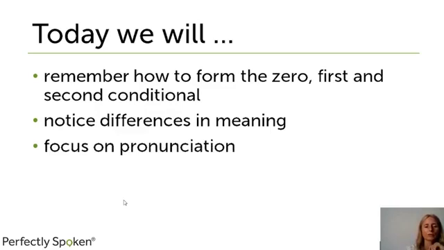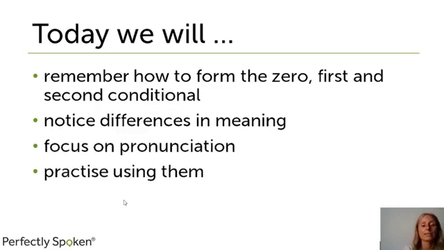And we're going to focus on pronunciation and practice using the conditionals. We're going to have lots of speaking practice later on in the lesson, so that you can practice constructing them and sounding more natural as you're speaking. Also, I'm going to do some speaking and you're going to listen to me speaking, which will help you with your speaking too.